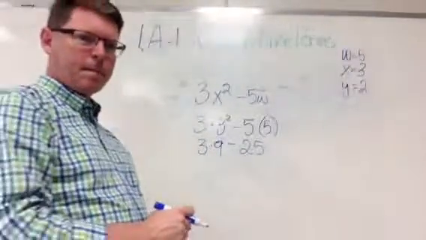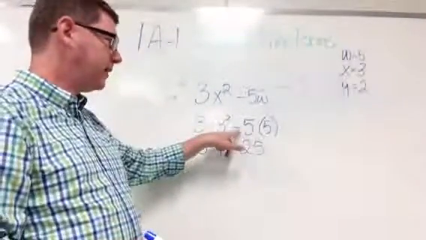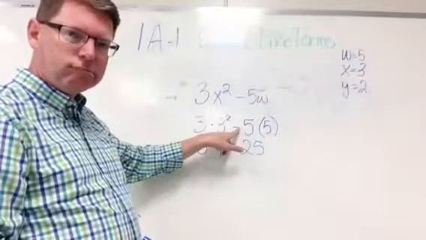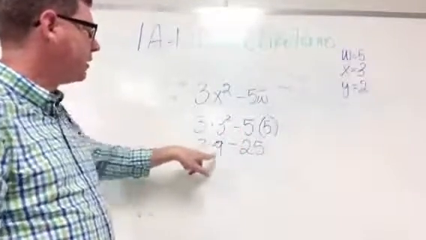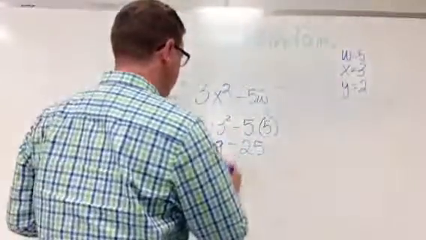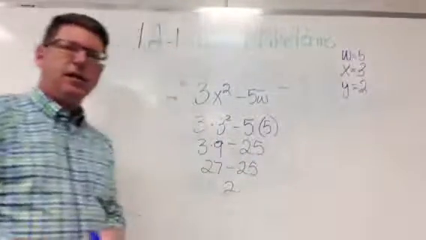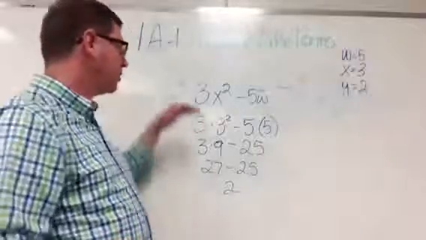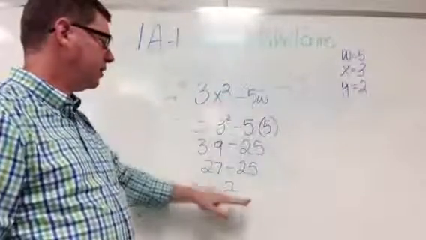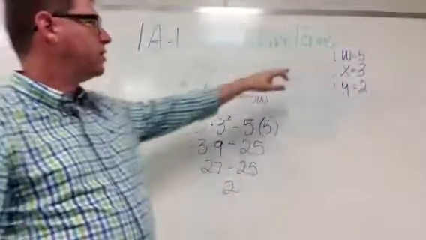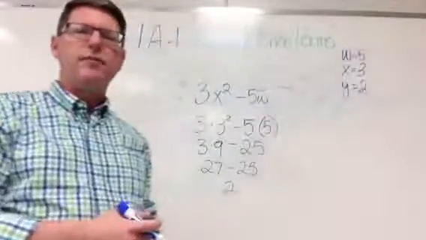The reason I could multiply right here is because I got that minus there. Right? And now, 3 times 9 is 27 minus 25, and it's 2. So 3x squared minus 5w equals 2 when x equals 3 and w equals 5.